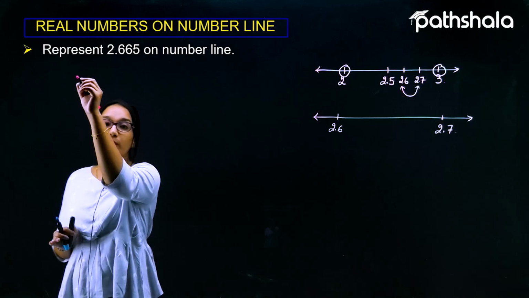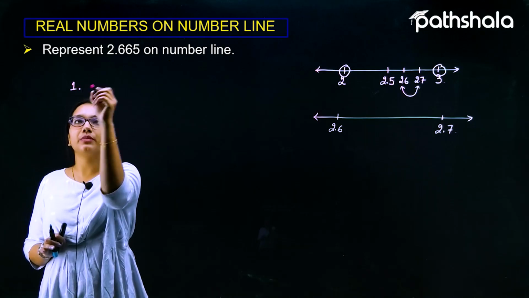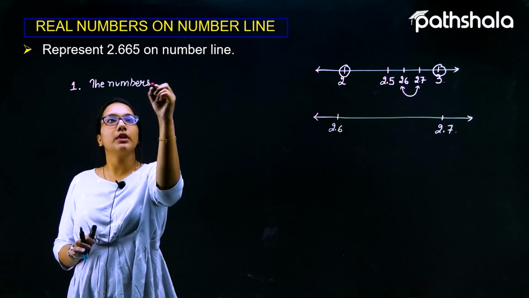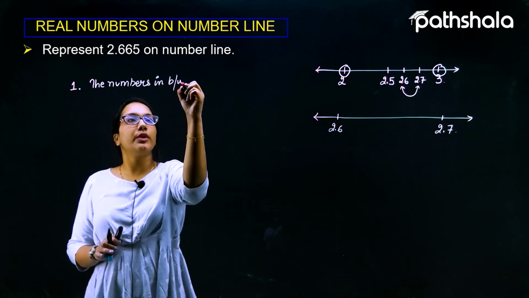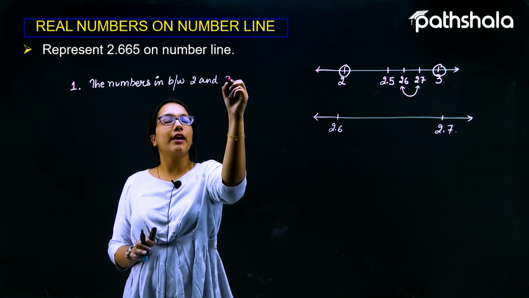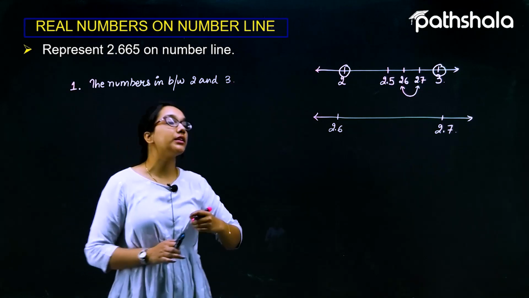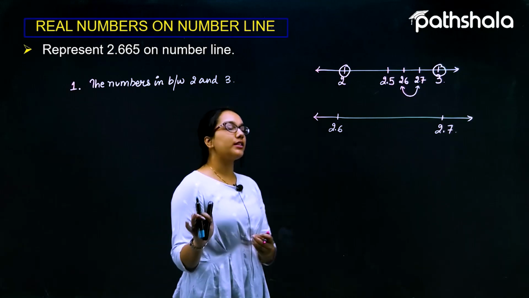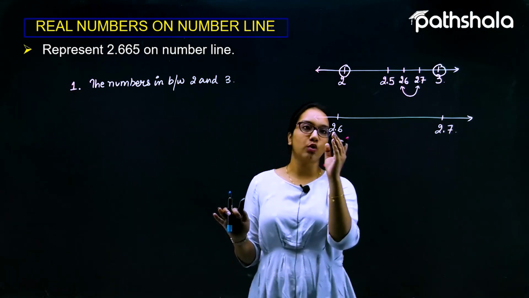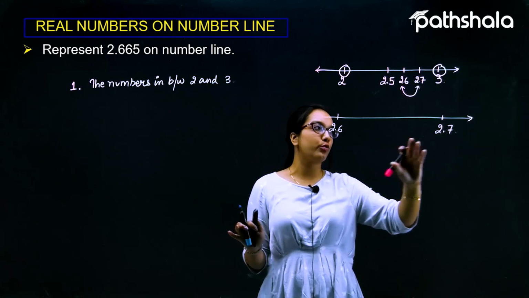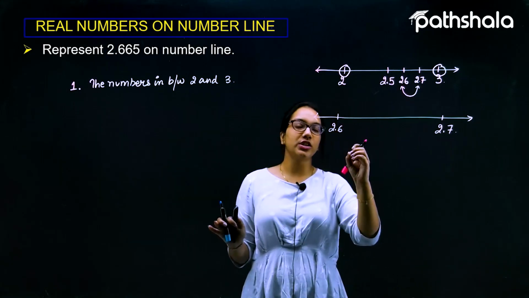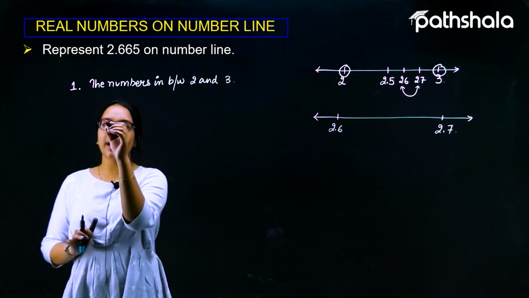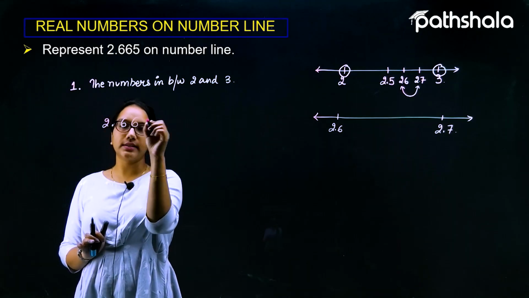The first step was to locate the numbers between 2 and 3. We have located the numbers between 2 and 3. The second step was to locate 2.6 and 2.7 on the number line, and we already have located them. So let's talk about 2.665.